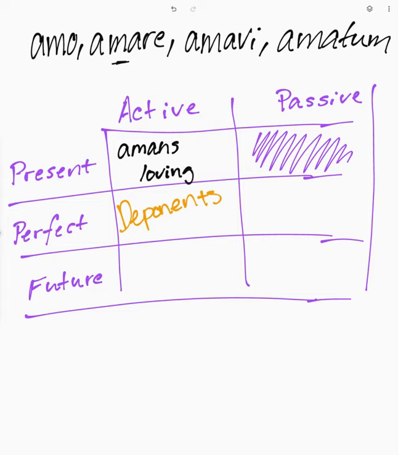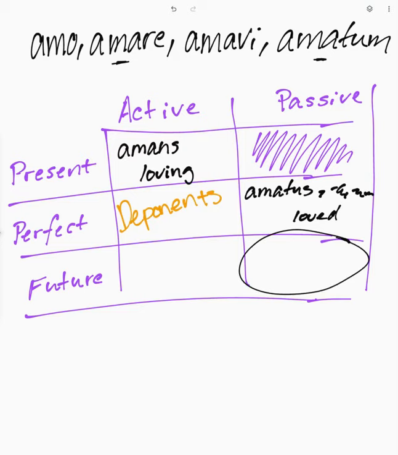We've had the perfect passive, which is just your fourth principal part, in all genders, amatus, meaning loved. Now today, we get to talk about specifically your future passive participle. The future passive participle is the same thing as a gerundive, so you can use it interchangeably.